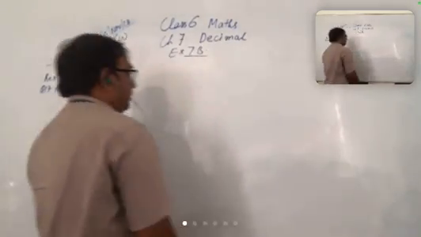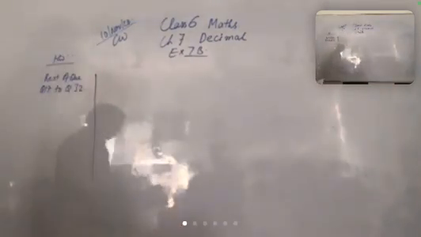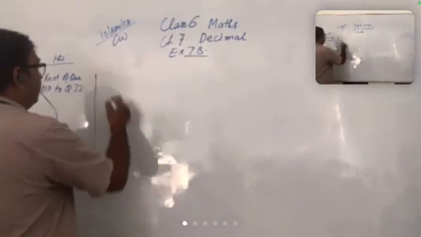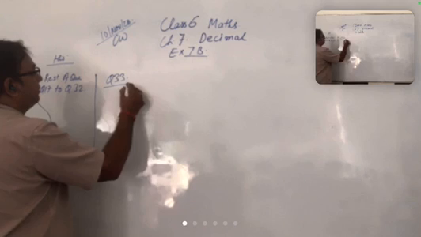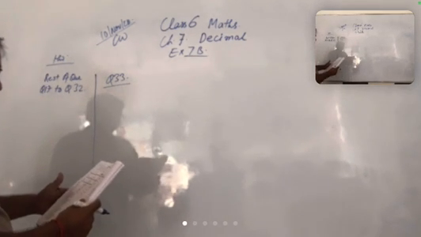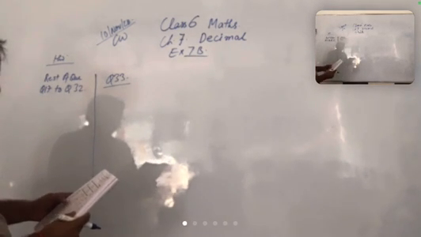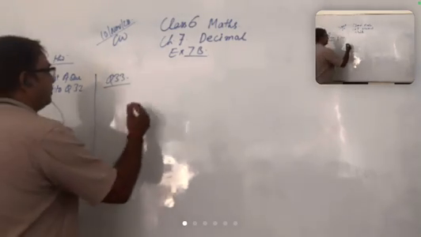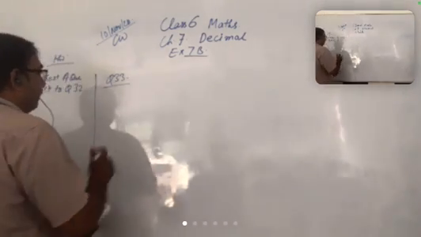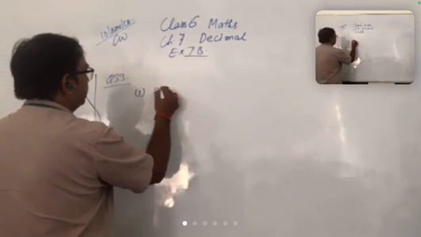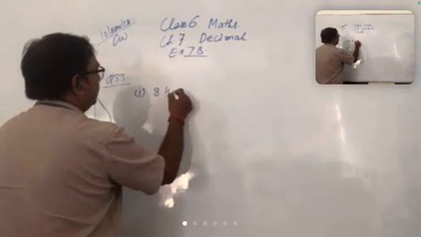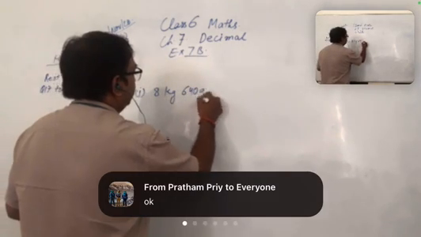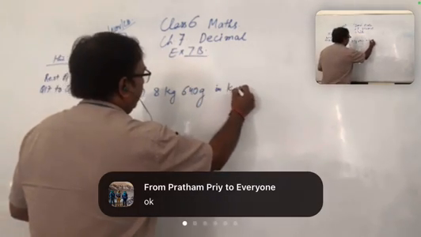Now there is a conversion in question number 33 to 36. Now let us see question number 33. Using decimal, express 8 kg 640 gram in kilogram.